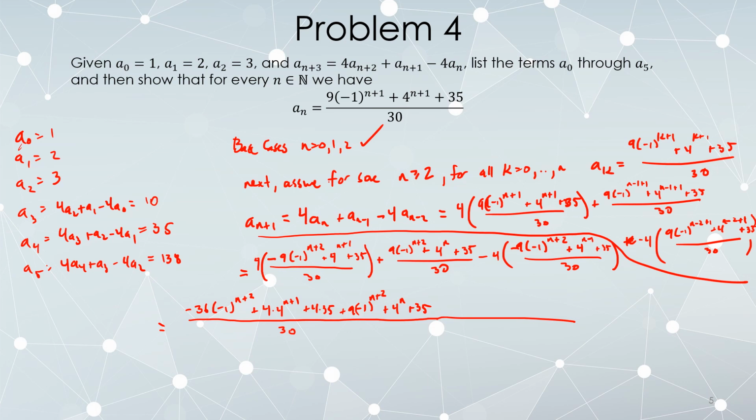Okay. Here, we're going to get a plus 36, negative 1 to the n plus 2. Minus 4 times 4 to the n minus 1, minus 4 times 35. Okay, now we look for stuff to cancel. 4 times 35 minus 4 times 35. Those are going to cancel each other out in the numerator.